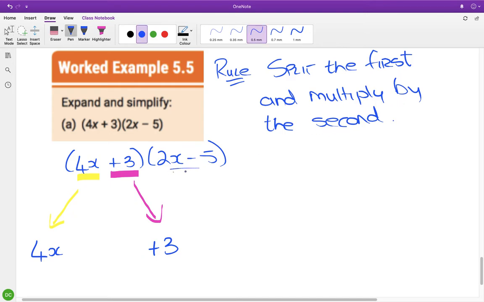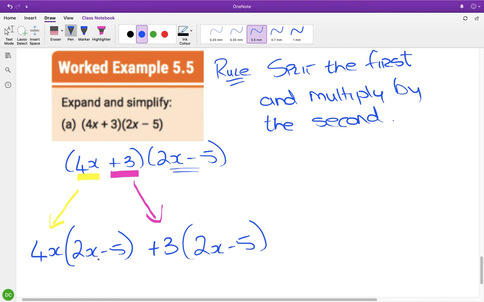So I'm going to take this second bracket and I'm going to multiply the 4x by the bracket and I'm going to multiply the 3 by the bracket. So you split up the first bracket and multiply by the second bracket. So I multiplied the 4x by the second bracket and I multiplied the 3 by the second bracket.